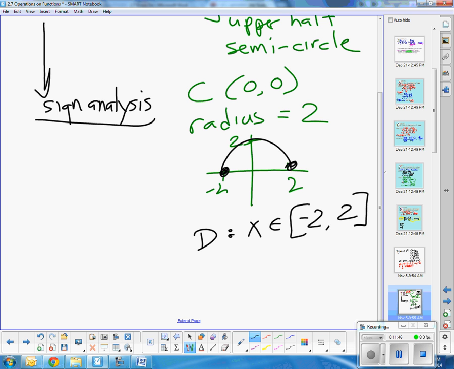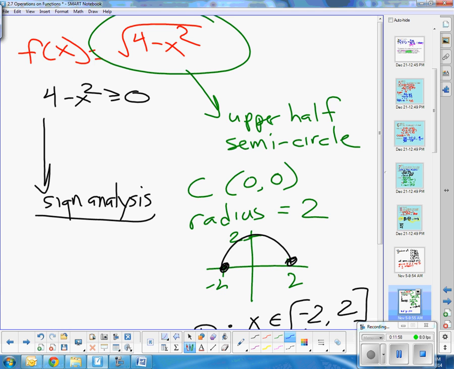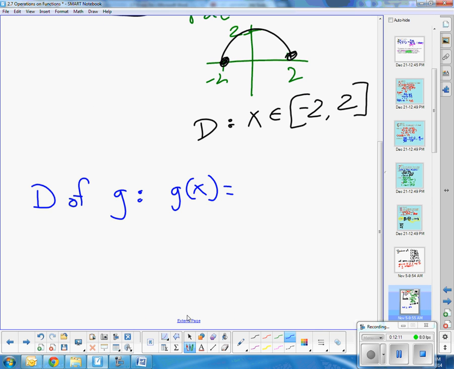So that's our domain of f. We also need to find the domain of g. And g of x was 3x plus 1. If I look at that, I don't have any radicals, I don't have any denominators, it's a linear function, so its domain is all real numbers.